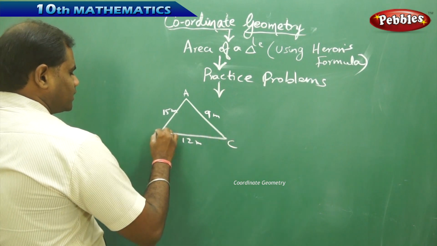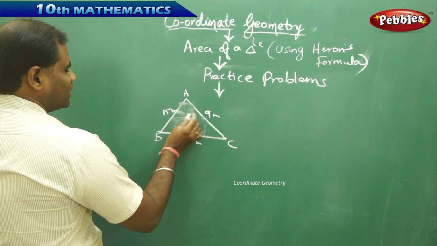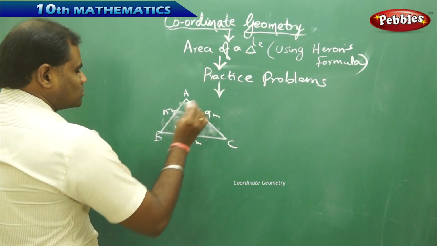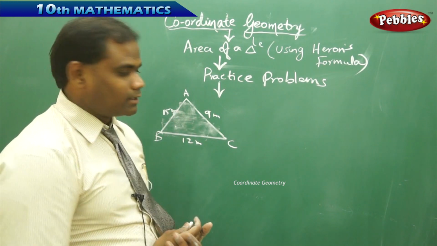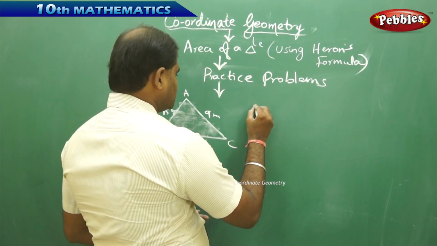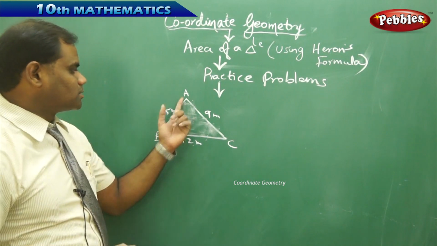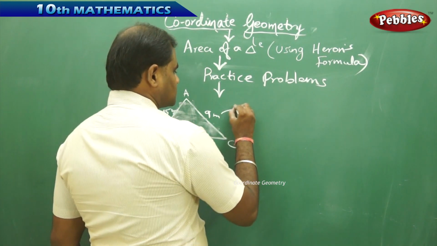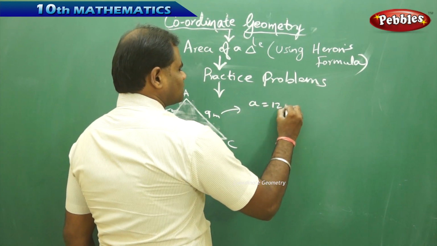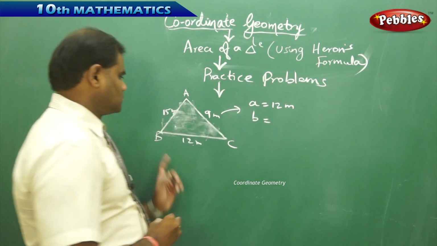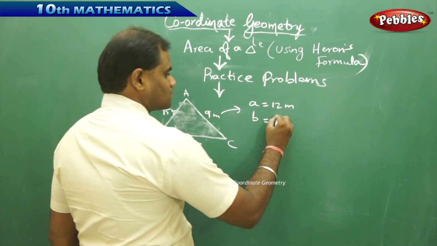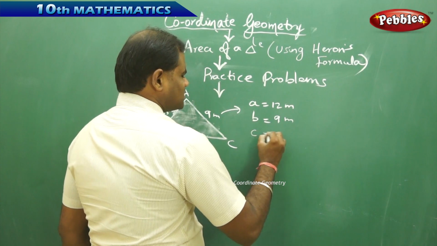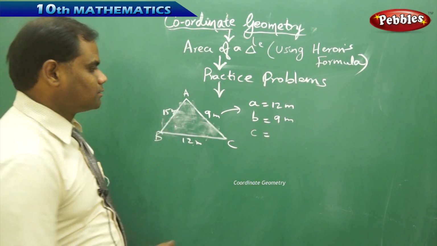In order to find the area of this triangle ABC, I'm going to use Heron's formula where my A is 12 meters, because the side opposite to vertex A is 12 meters. My B is 9 meters and my C is 15 meters.